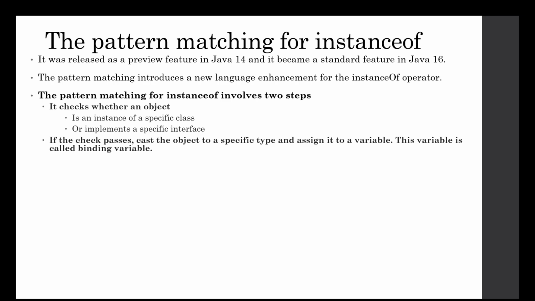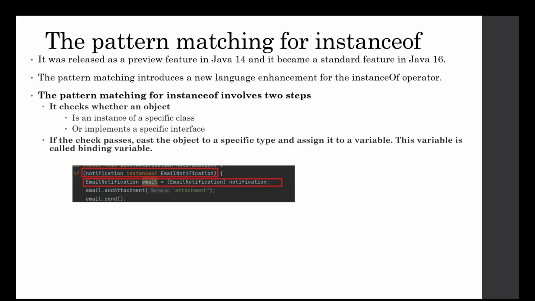This variable is called the binding variable. Here in this code snippet, first we are checking whether this notification is an instance of the email notification or not. And if the check passes, then we are going to cast the notification into email notification. So this is happening in case of the instanceof operator.